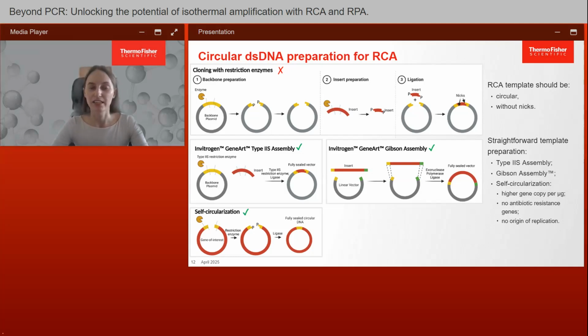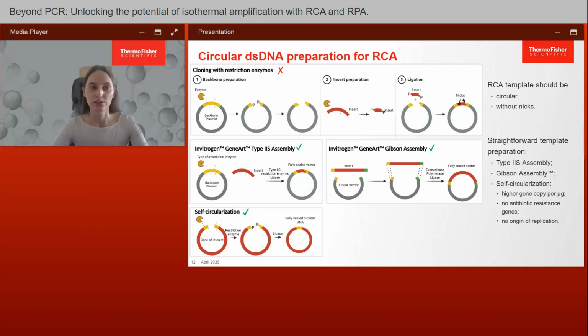So after digesting the backbone and your inserts, the backbone is additionally dephosphorylated, leaving only inserts with phosphoryl groups. And this results in 4 ligation sites, but only 2 phosphates. And that means that 2 nicks are left after ligation reaction. Therefore, this construct is not ideal for direct RCA reaction.